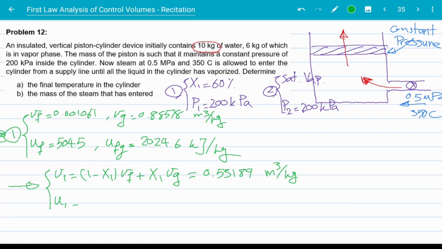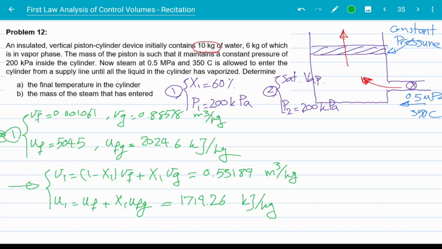For u1, you have the equation u_f plus quality 1 times u_fg. Plug in numbers, you get 1719.26 kilojoules per kilogram. I got everything I needed from the initial state.